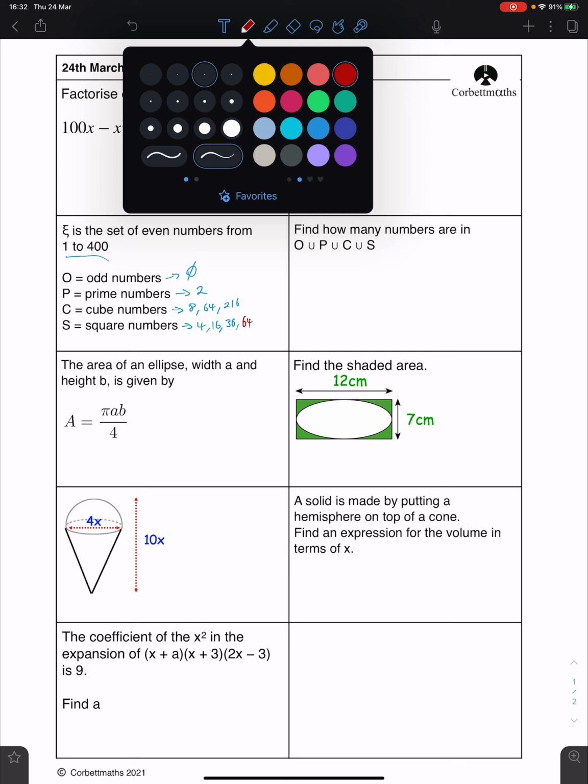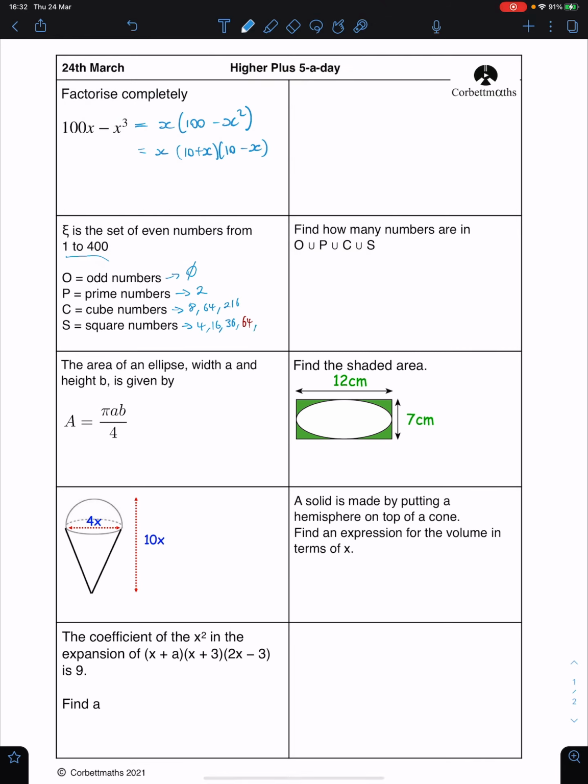And then we have the next even number squared. 10 squared is 100. 12 squared is 144. 14 squared is 196. 16 squared is 256. 18 squared is 324. And we've got 20 squared, which is 400.